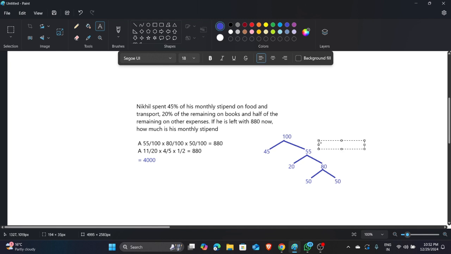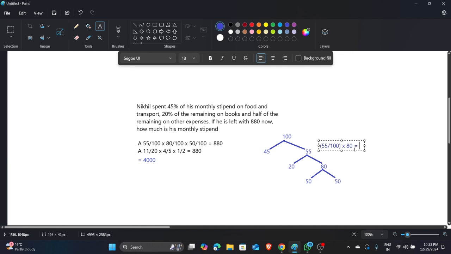So what you do is a simple thing. The 55 you have, now you have to know the 80%. So first you divide it by 100, and then you multiply it by 80. So you get the 80% of 55. Okay, so what is the answer?